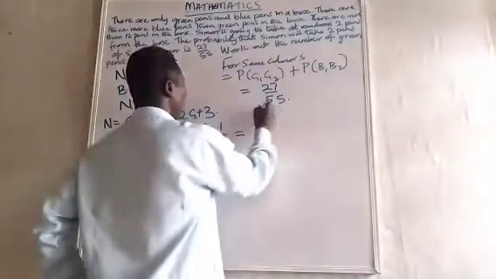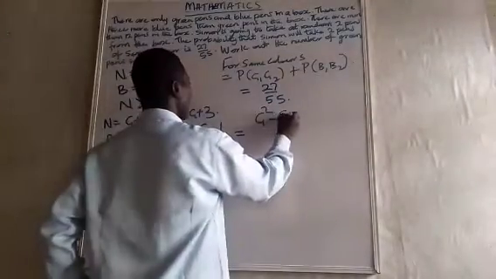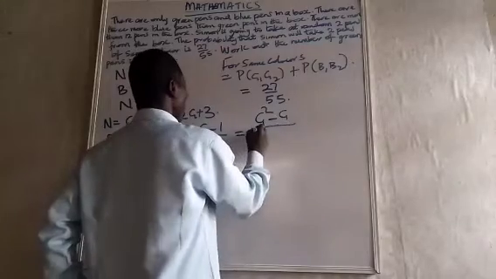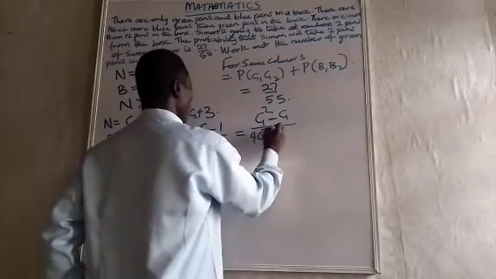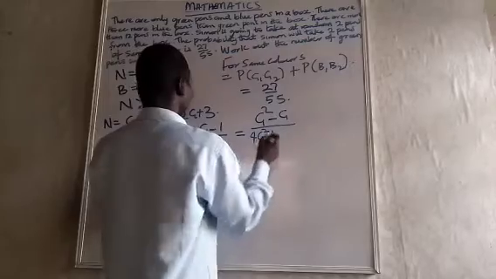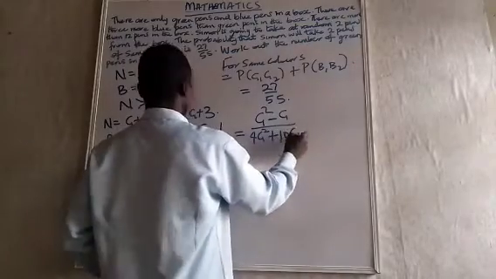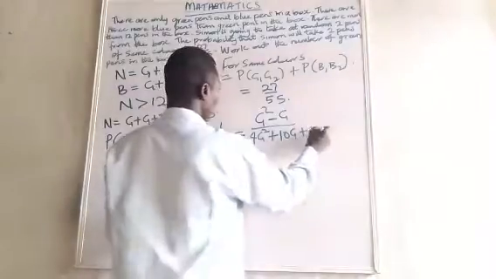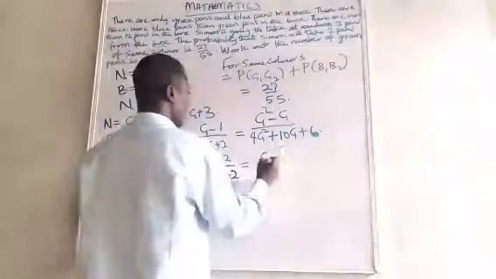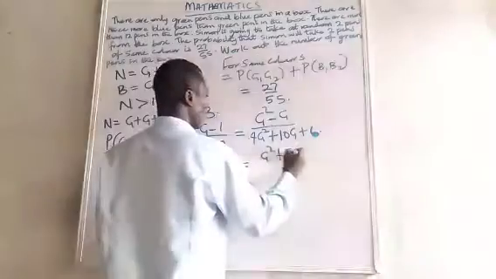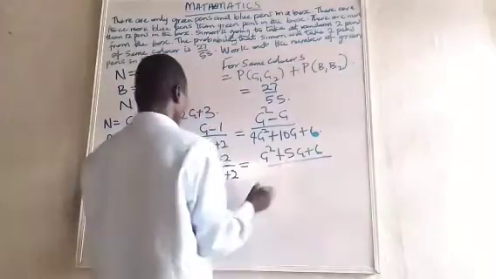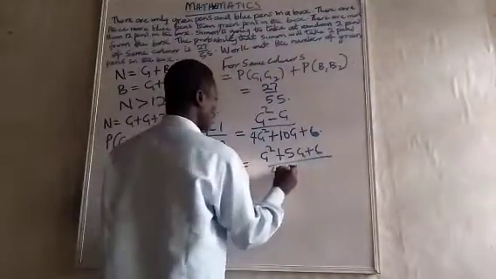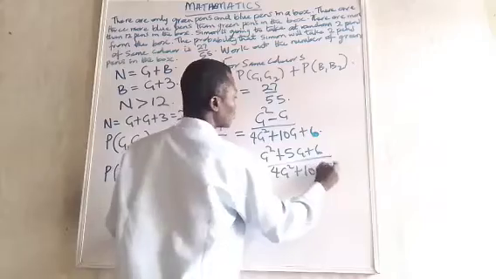So we are going to have G squared minus G over 4G squared plus 10G plus 6. In the same way, we are going to have G squared plus 5G plus 6 divided by 4G squared plus 10G plus 6.